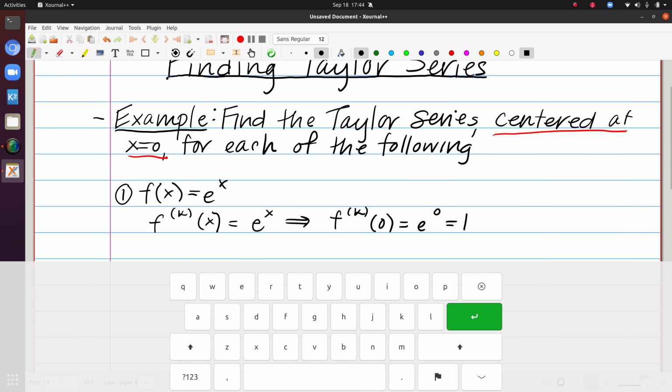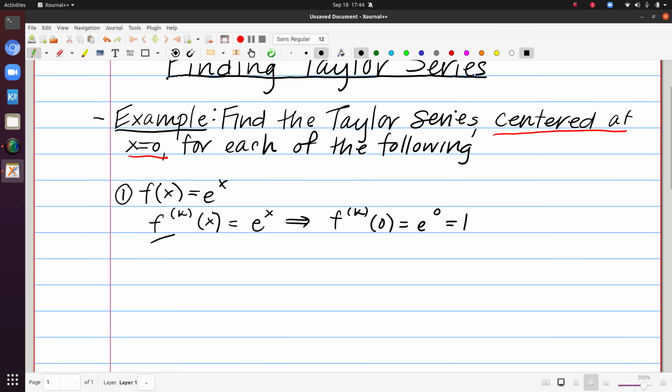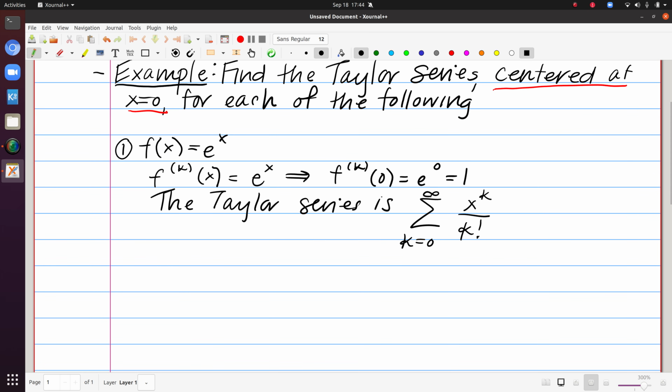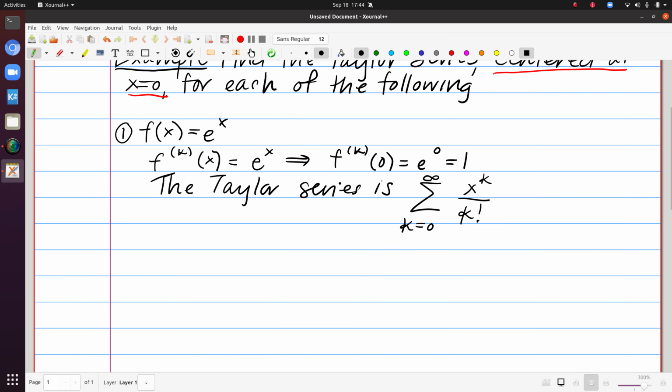The Taylor series is then the sum from k equals 0 to infinity of 1 over k factorial times x minus 0 to the k, which I can write as x to the k over k factorial. So this is the Taylor series for e to the x when centered at 0.